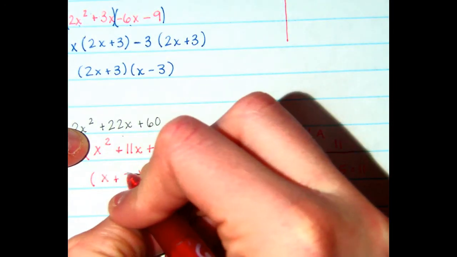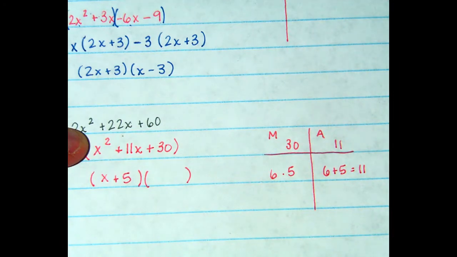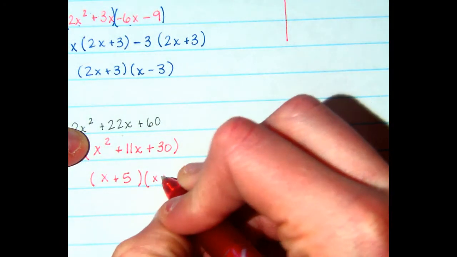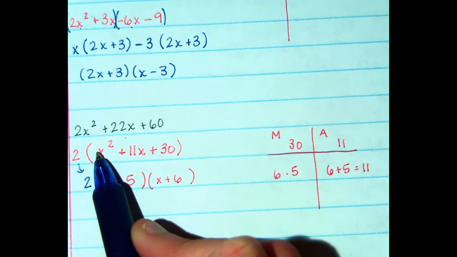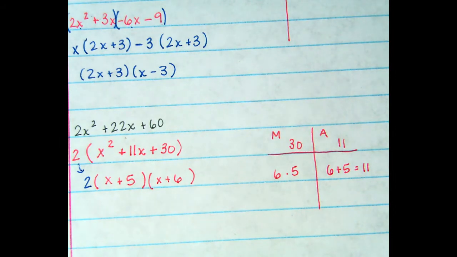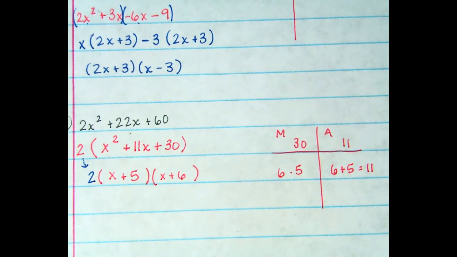Not squared, but yes, plus 5. And x plus 6. Bring the 2 down. That's it. If there is no number in front of x, that's how we did it a few days ago. If there's no number in front of x, it is way easier.